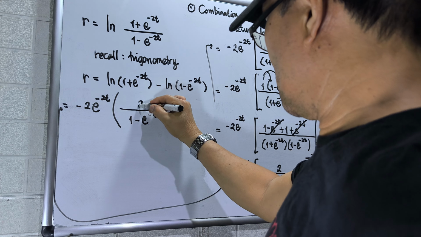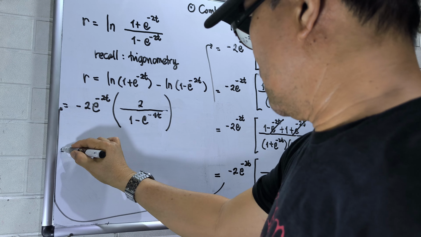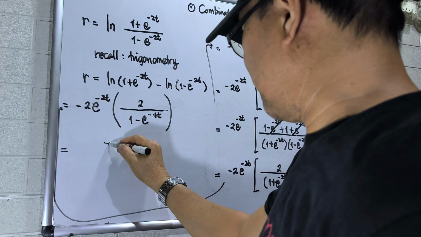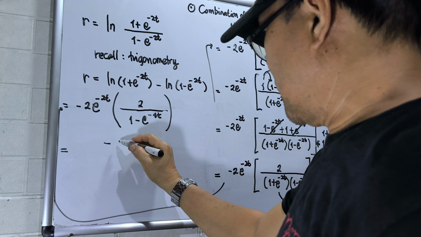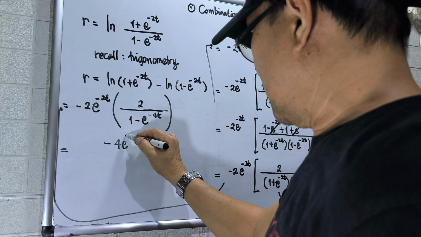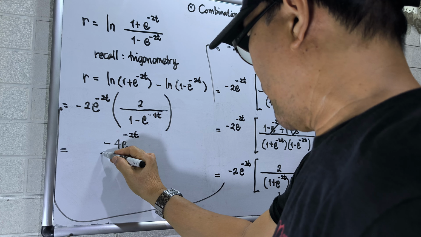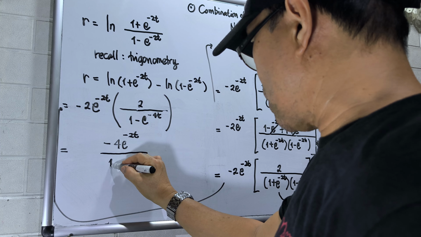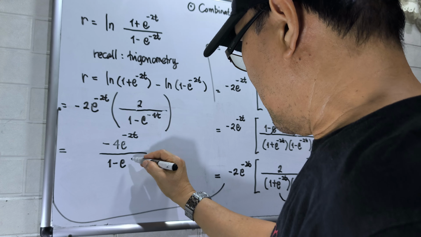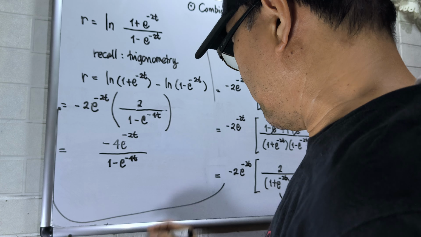Then this will be 2. Okay? So multiply. So my numerator is negative 4e raised to negative 2t because 2 times negative 2 is negative 4. Then my denominator is 1 minus e raised to negative 4t.